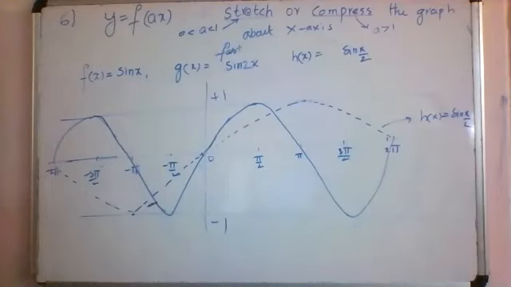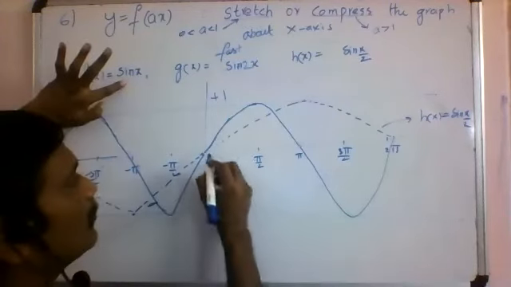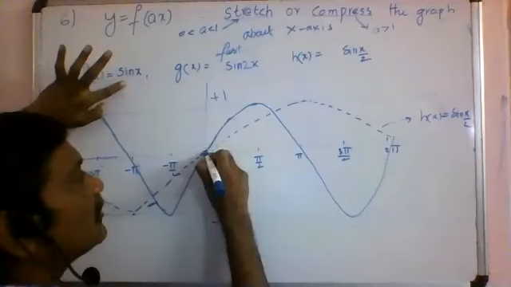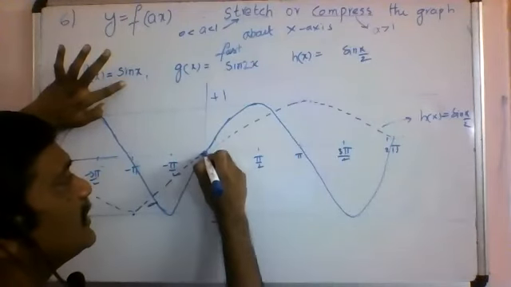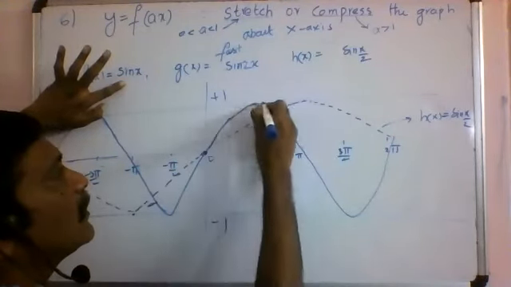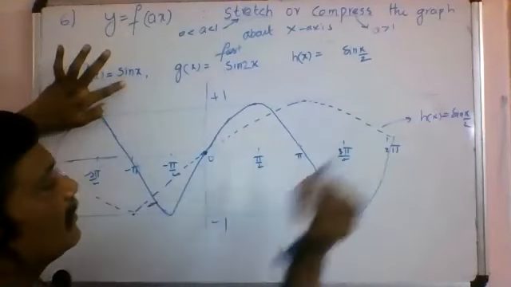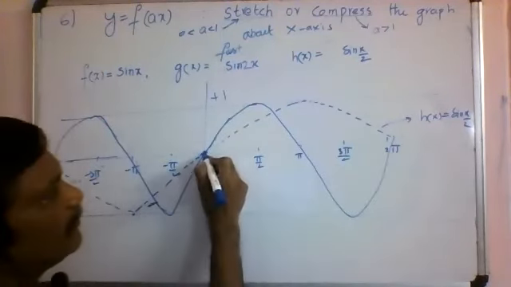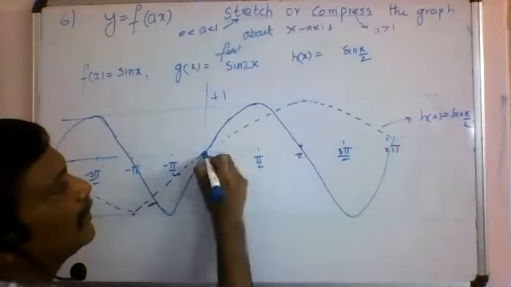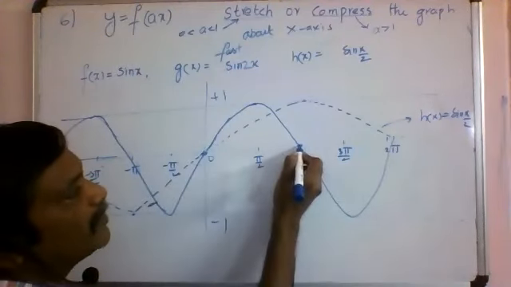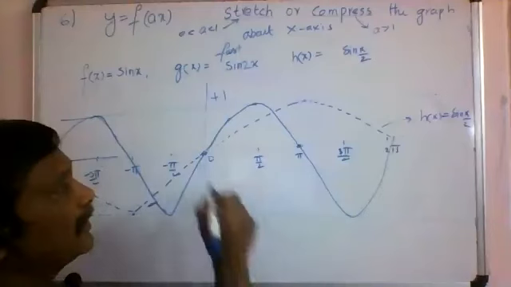The period of sin x, from the diagram, if you take the diagram from 0 onwards, this is one complete cycle. Okay, don't say from here to here. The position of this point and this point are not the same.